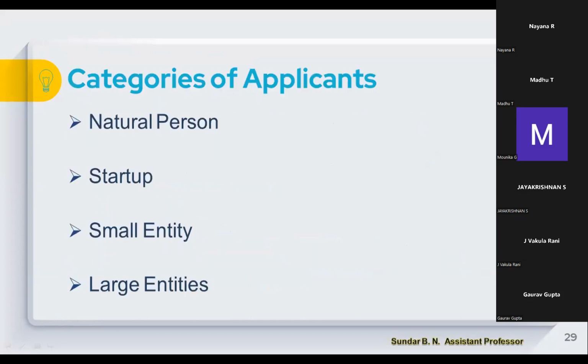And categories of applicants: natural person, I can also apply, you can also apply, that's a natural person. Most startups can apply, small entities can apply, large entities can also apply. I would like you to remember one more thing.